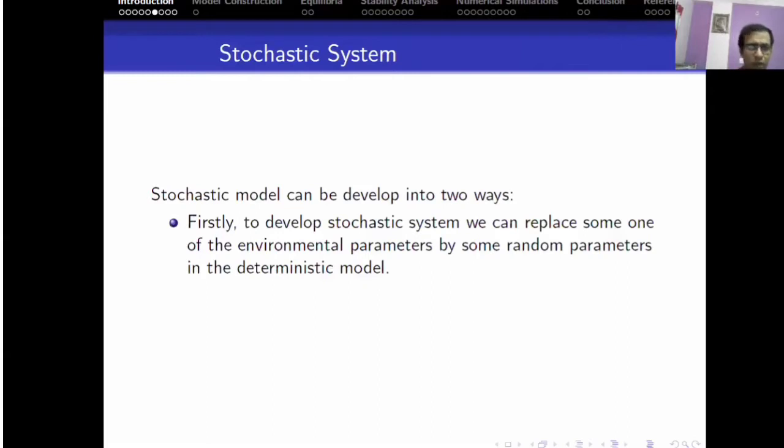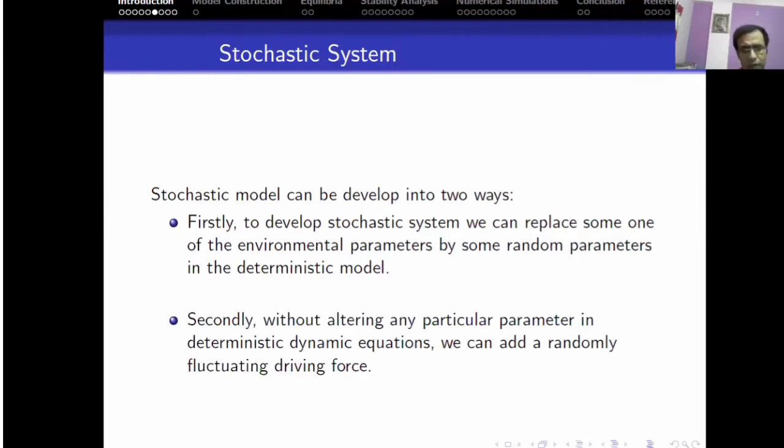Firstly, to develop the stochastic system, we can replace one of the environmental parameters by some random parameter in the deterministic model. Secondly, without altering any particular parameters in the deterministic dynamic equation, we can add a randomly fluctuating driving force.